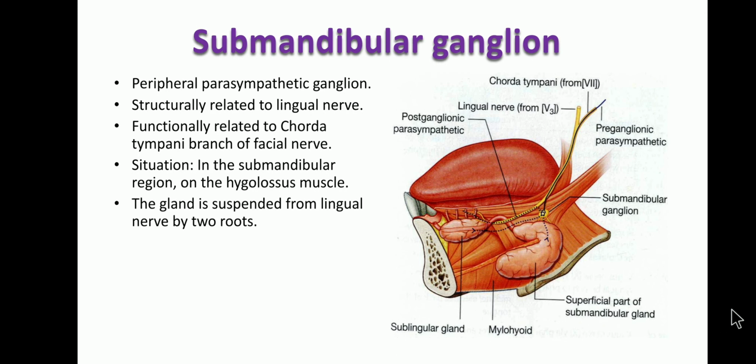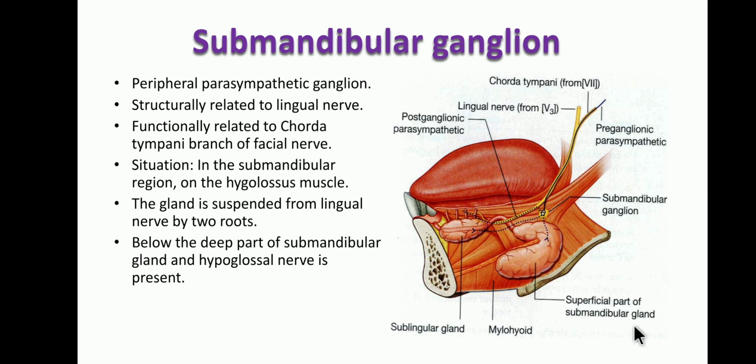I told you the ganglion is on top of the hyoglossus muscle in the submandibular region, and it is suspended from the lingual nerve by two roots, anterior and posterior root. Don't confuse these roots with the roots which actually enter the gland, that is the sympathetic and the parasympathetic.